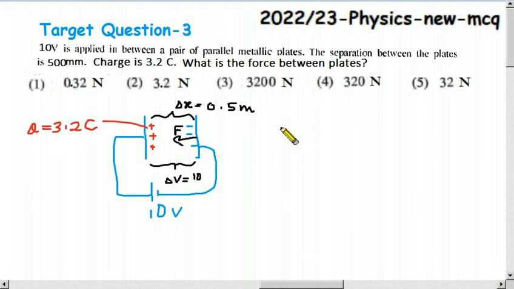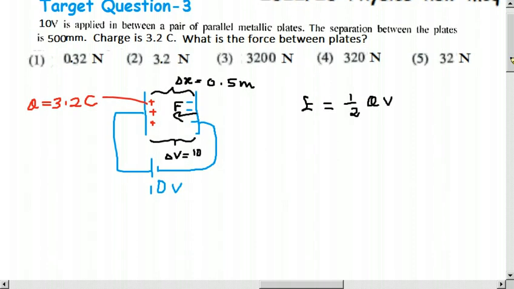So the force equals, let us write like this: these plates have a certain amount of energy. Suppose this is a condenser, then the electrostatic energy is half times Q times V, half QV. This potential energy is converted into kinetic energy and work done.